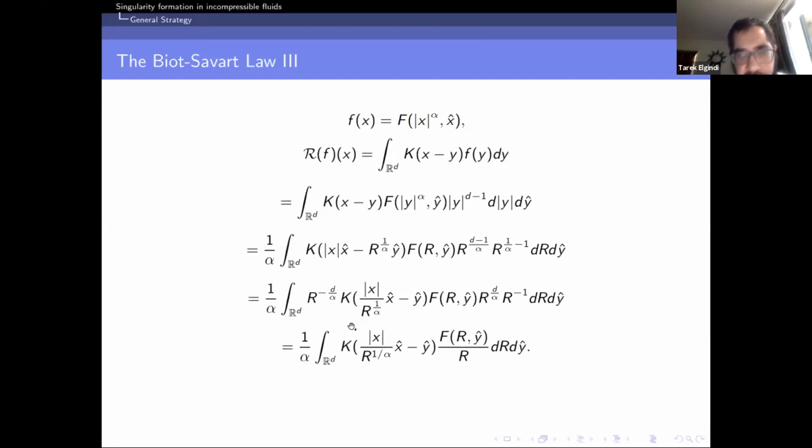So this is the form of, if you're given a capital F, then this is what capital R of F is, right? So now when you send alpha to 0, you see that you have this 1 over alpha in the front. Okay, so it makes sense then to multiply by alpha and then send alpha to 0.